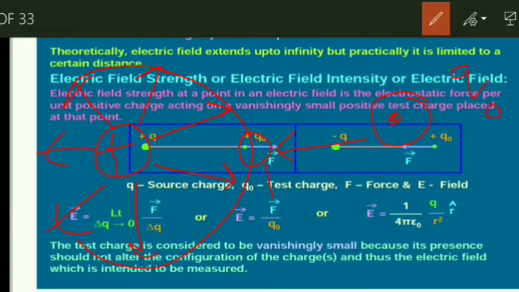So here we can easily prove that this bigger charge has a field or space in which it will exert force on other charges.